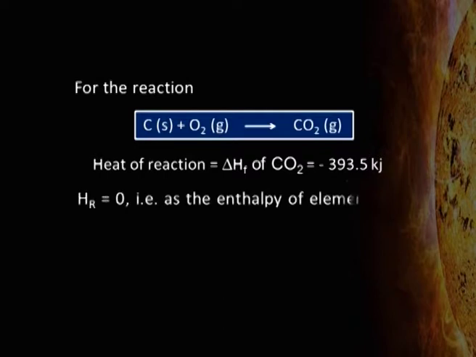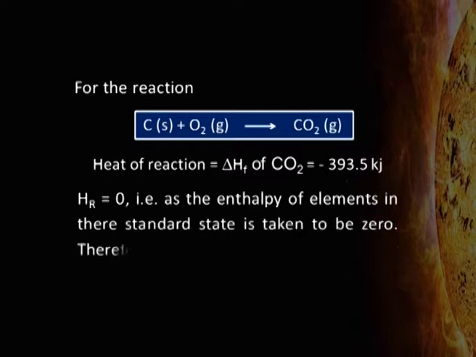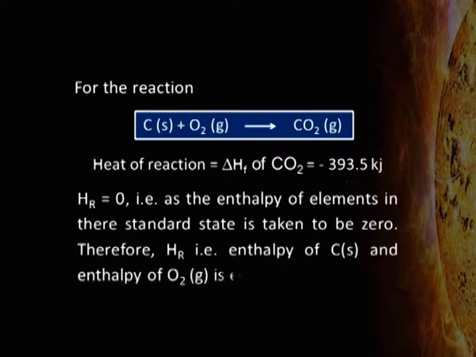As the enthalpy of elements in their standard state is taken to be 0, therefore the enthalpy of reactants, that is the enthalpy of solid carbon and the enthalpy of gaseous oxygen, is equal to 0. Therefore, delta HF, which is equal to delta H, is equal to the enthalpy of products, which is the enthalpy of carbon dioxide.